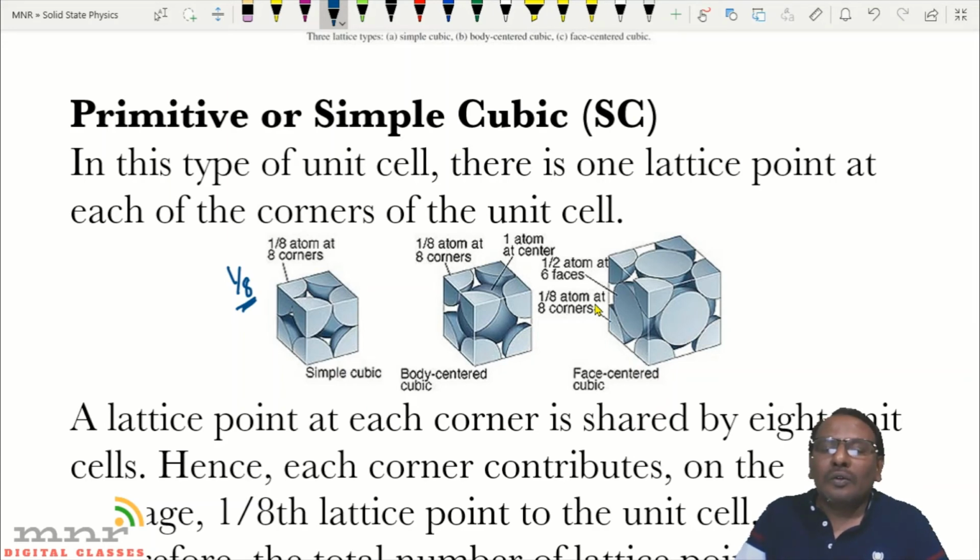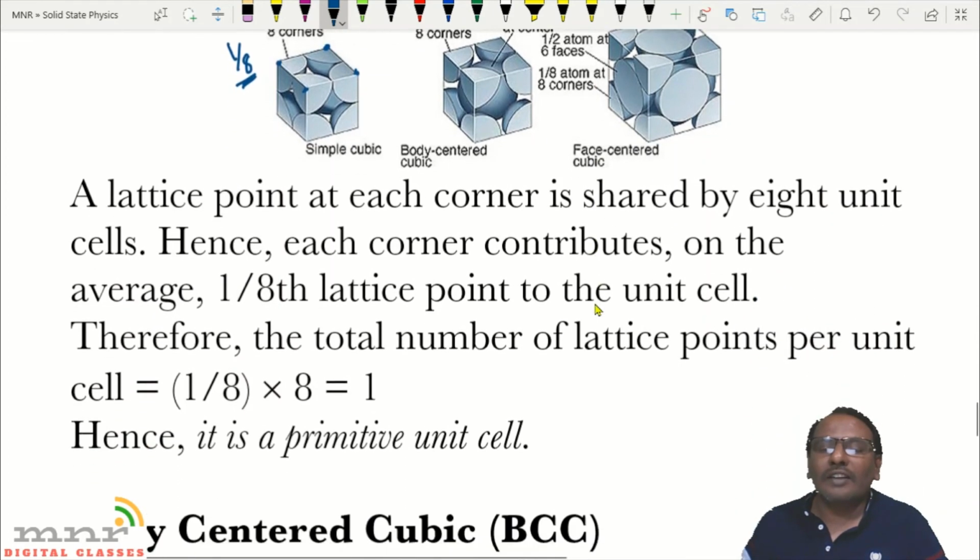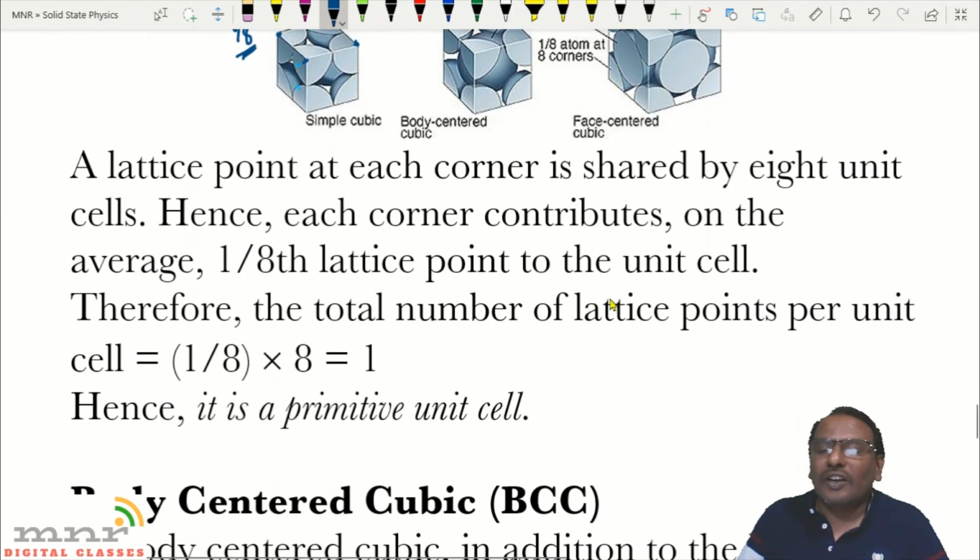So, since the lattice points are located only at the corners, the number of lattice points per unit cell is 1/8 times 8 lattice points at the 8 corners.